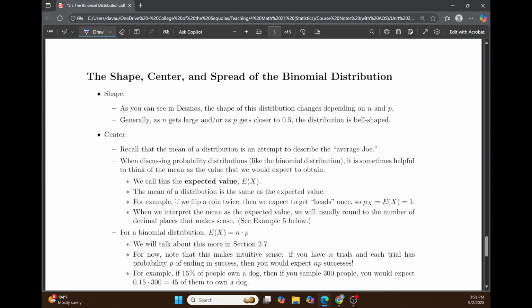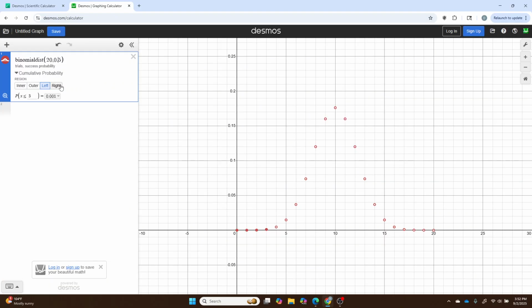So, for example, looking at the distribution that we have here, I would call this right skewed because we have all these values to the right. But if the probability of success gets close to 0.5, then it becomes bell-shaped, right? Or if the number of trials increases, then once again it becomes approximately bell-shaped.